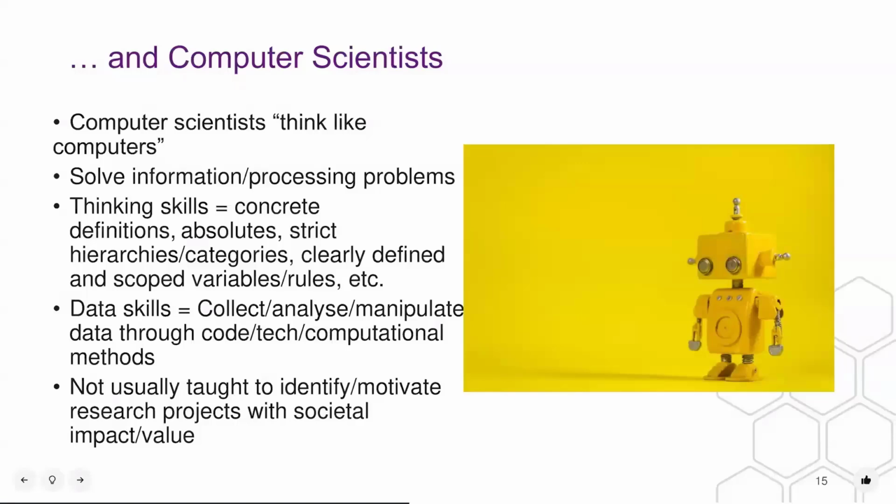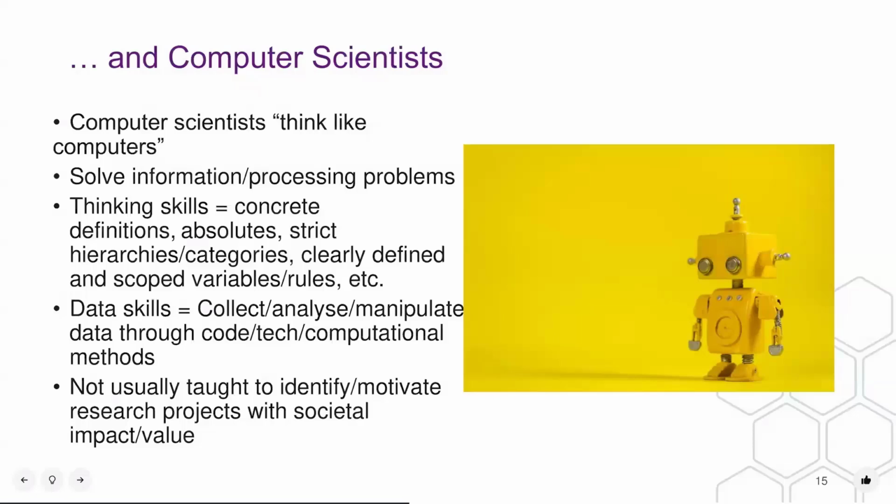So the thinking skills that they have to hone are more along the lines of concrete definitions and absolutes. They're going to be thinking more in terms of strict hierarchies and categories and clearly defined and scoped variables and rules, because that's the way that coding works. There's very strict rules. You're learning a language, and then there's ways to implement that language.